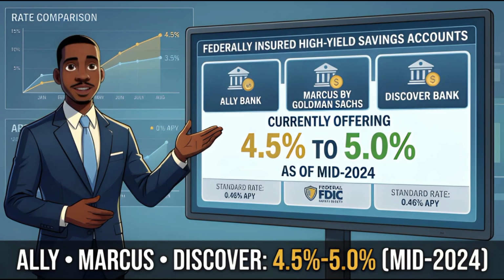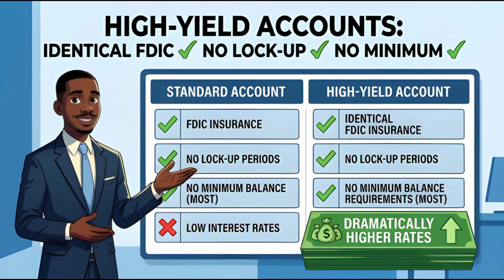Federally insured high-yield savings accounts at online institutions, including Ally Bank, Marcus by Goldman Sachs, and Discover Bank, are currently offering rates between 4.5 and 5.0% as of mid-2024. These accounts carry identical FDIC insurance, no lockup periods, and no minimum balance requirements at most institutions.